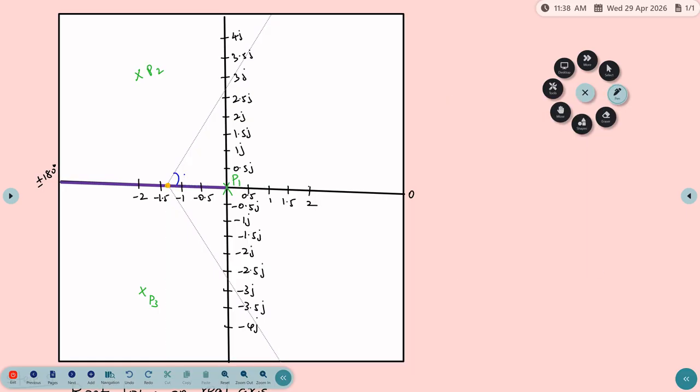So this is plus 60 degree. This is minus 60 degree. So this is our step number 3. So we find out the centroid and the angle of asymptotes, and we mark the centroid area. Also we mark the angle of asymptotes from the centroid, plus 60 degree and minus 60 degree. That plus or minus 180 degree angle of asymptotes is not necessary to draw here, since already we have one reference line on that.